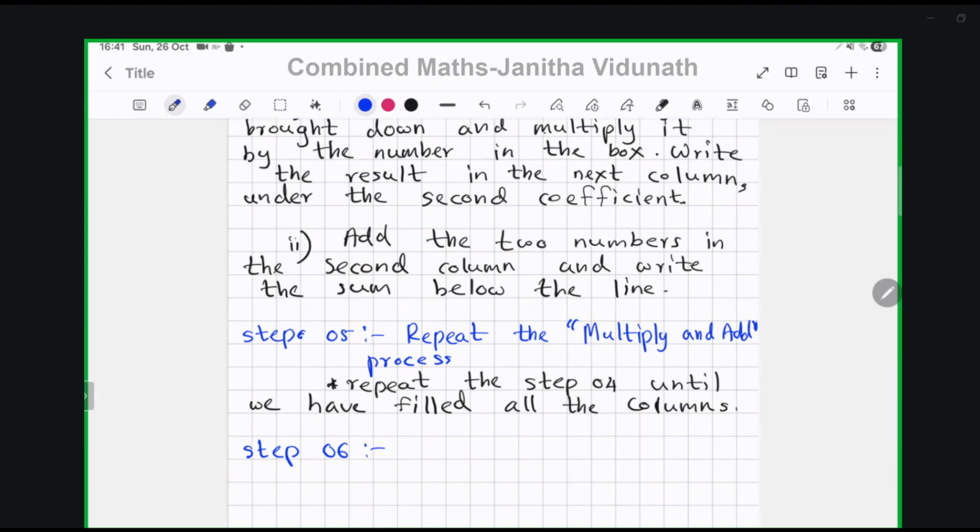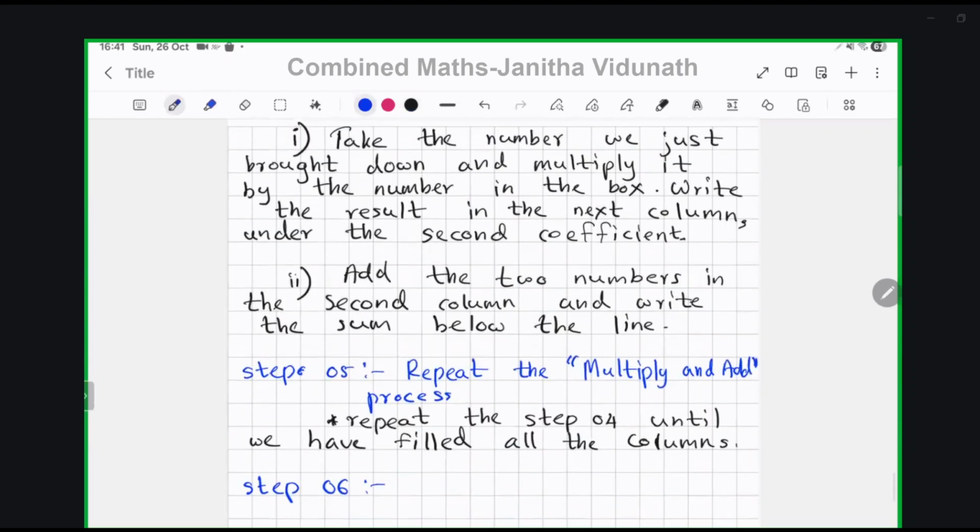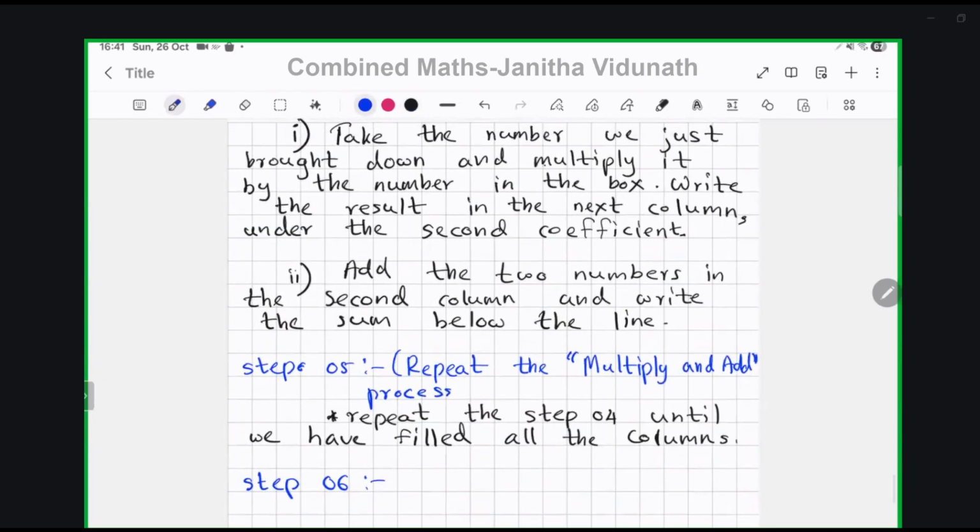Now write down step number 5. Under that, inside the bracket, write down, repeat the multiply and add process.